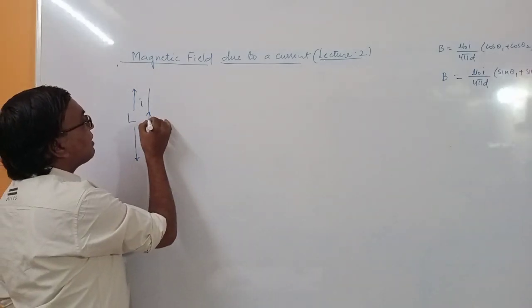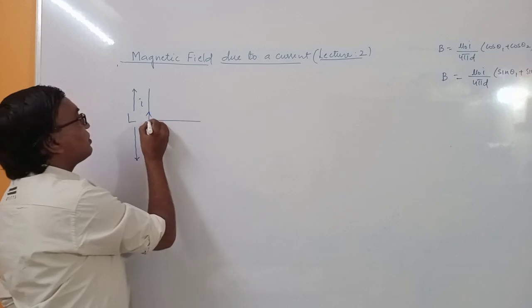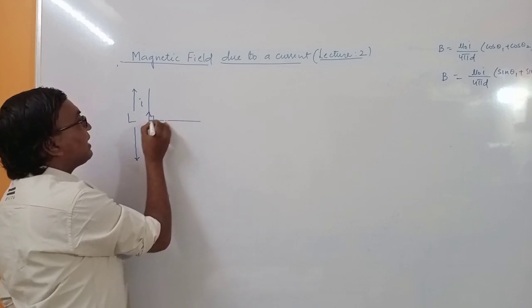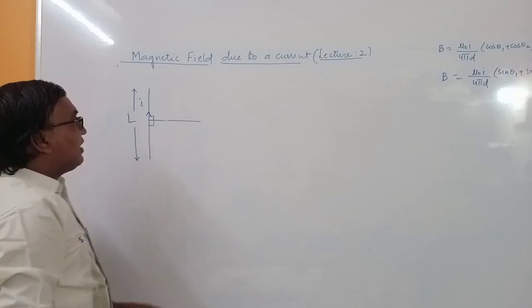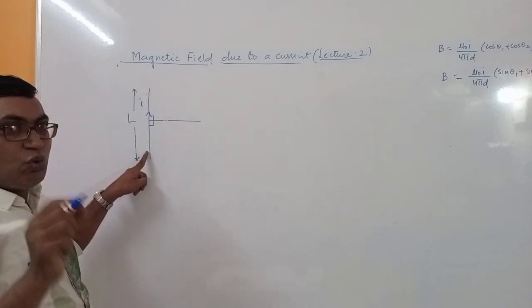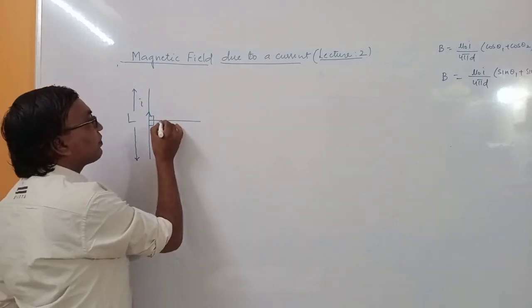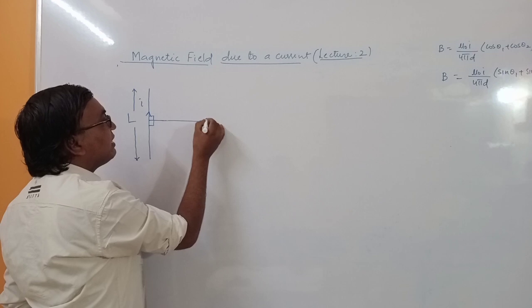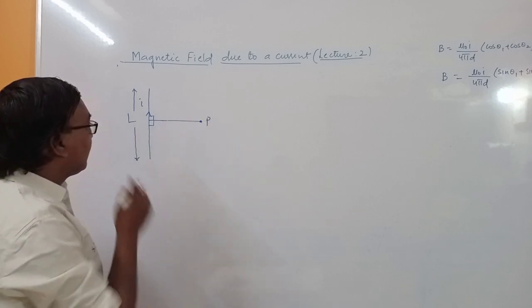This perpendicular bisector means it will divide this wire into two equal halves. So we have to find the field here, the field at this point P.